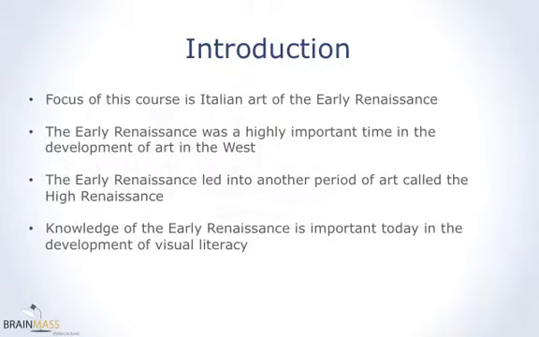In some respects, the High Renaissance was a culmination of the advances made in the early Renaissance. It was a period when Italy produced artists who are widely considered to be its greatest, artists known throughout the world, such as Michelangelo, Leonardo da Vinci, and Raphael.